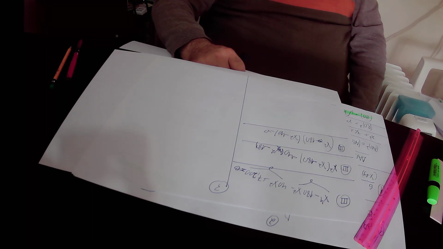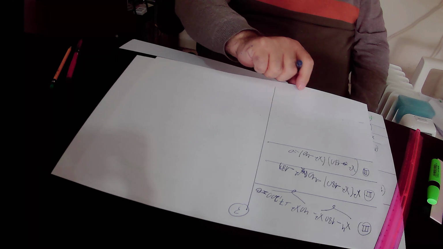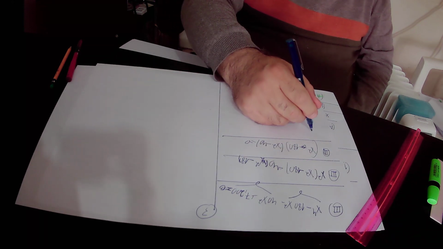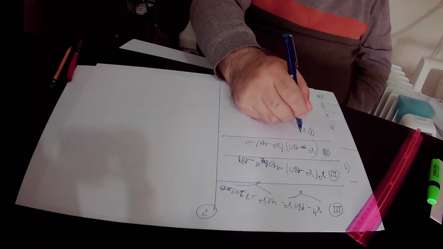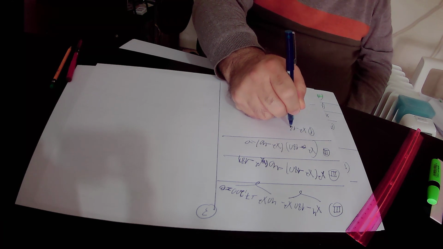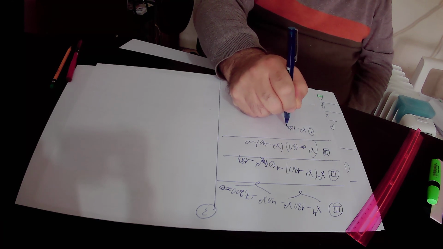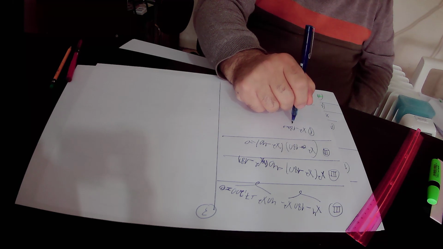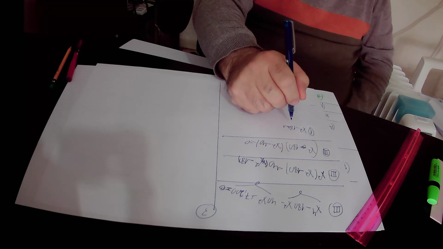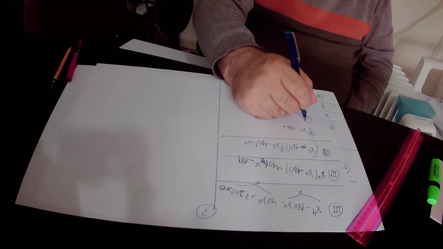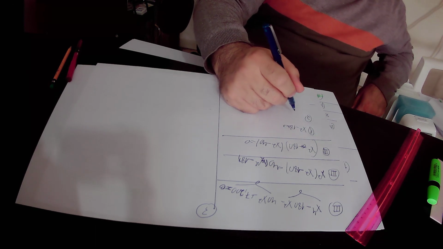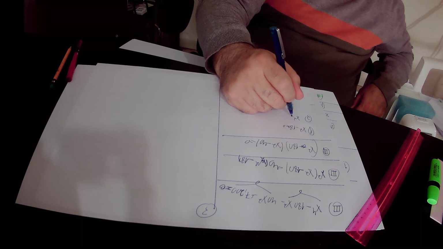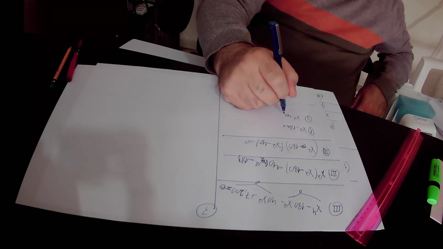So here we have two possible solutions for x. The first solution is that x squared minus 180 equals 0. And the second solution is that x squared minus 40 equals 0.